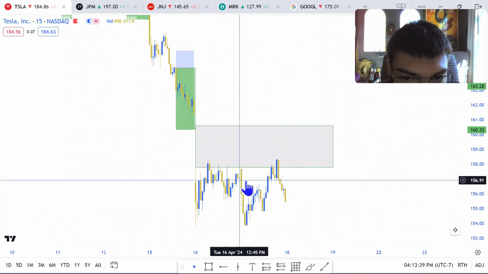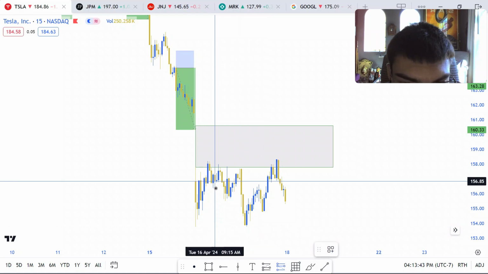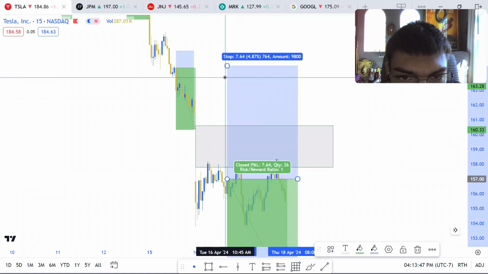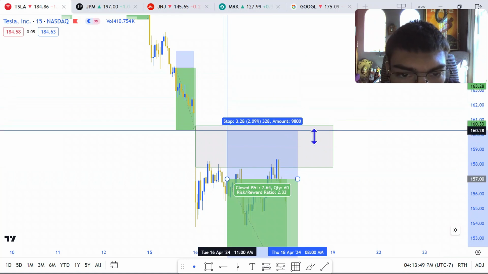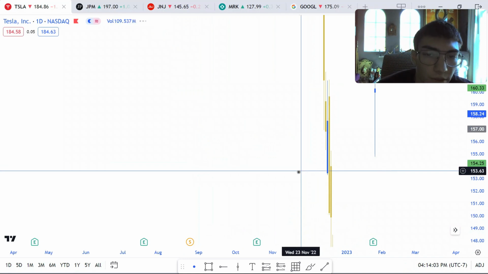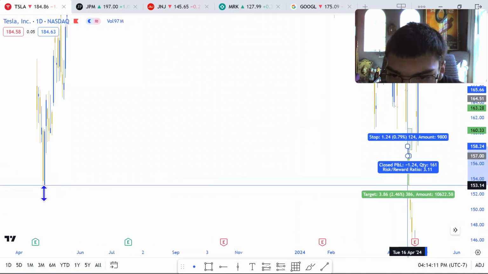Now you're waiting for a 15-minute break of structure. Boom, we got a 15-minute break of structure, and then we got entered there. Stop loss would have been here. Remember, we're still playing on the daily time frame, so all my take profit would have been here.